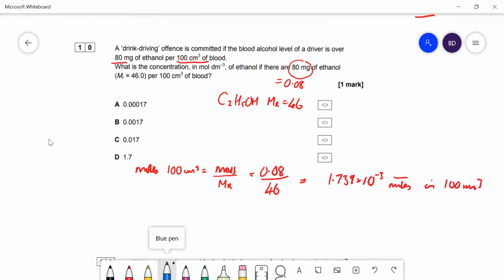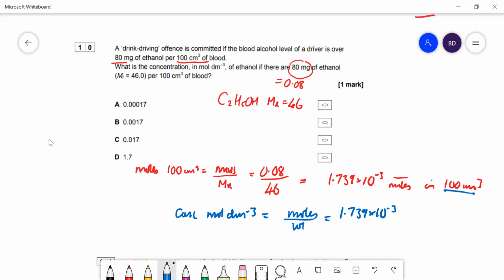So let's work out the concentration in moles per decimeter cubed, which is equal to the moles over the volume in dm cubed. So 1.739 times 10 to the minus 3. 100 centimeters cubed is 0.1 dm cubed. So that's going to give us 0.01739. Okay, so that is going to give us C as the answer. That's the closest one there.